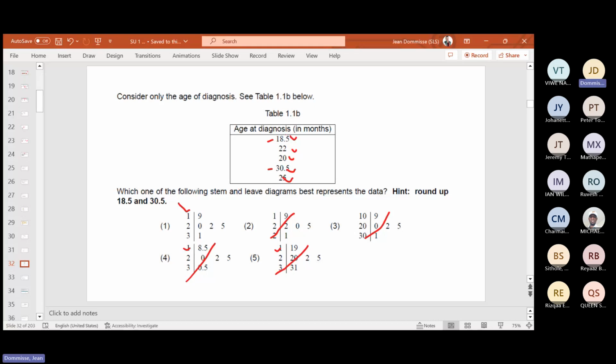Again, it's stupid that they haven't rounded it off automatically for you, because if you don't read everything and you just look at it, one might have gone to one of these options already. Because again, sometimes we look at the data and we assume the representation without even reading some of the wording. Okay.